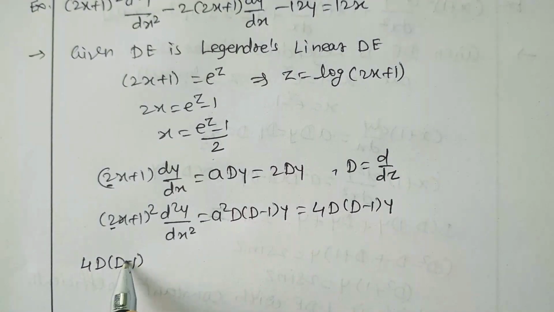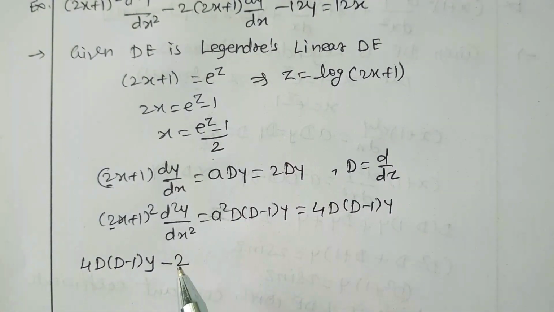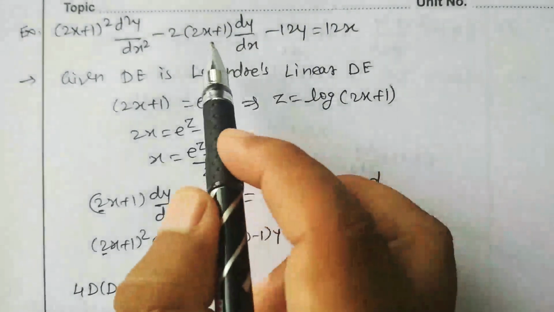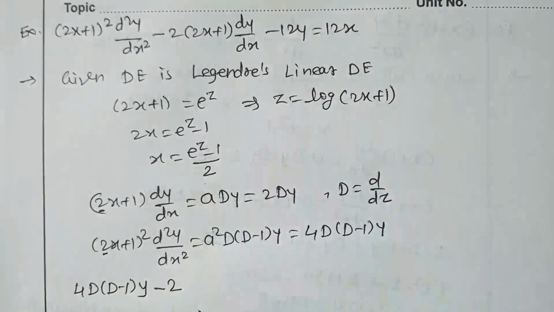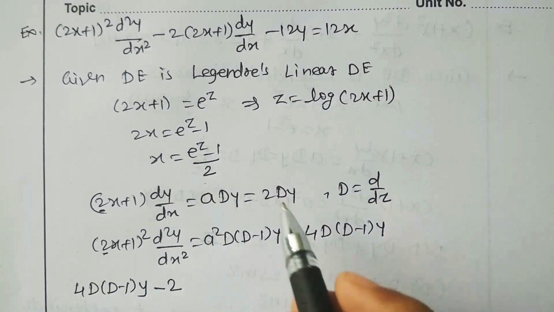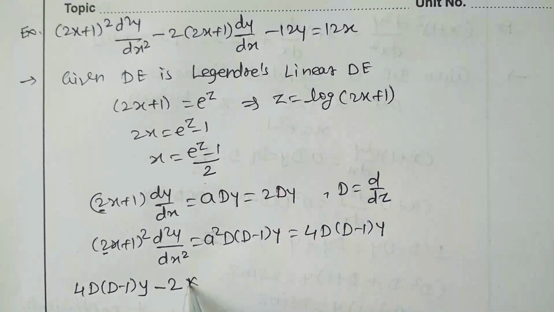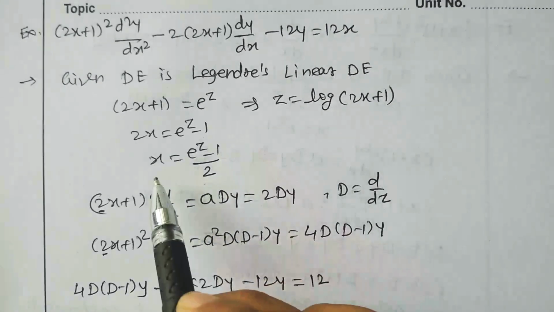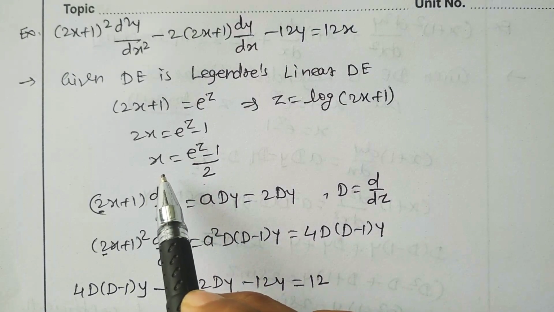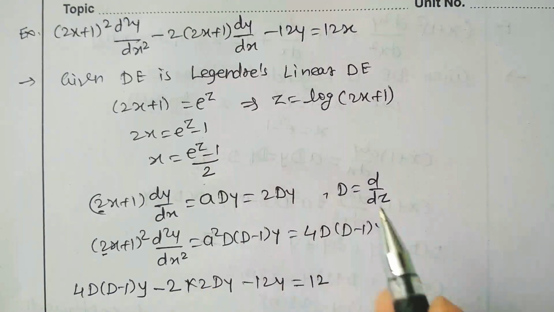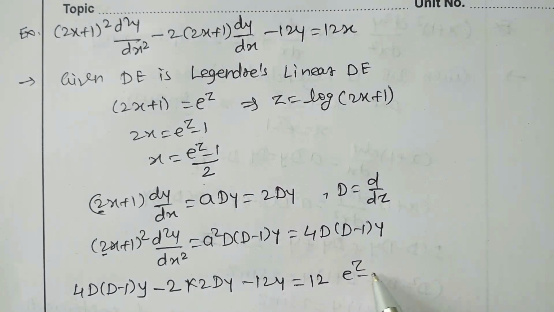4D(D−1)y − 2 times the value of (2x+1) dy/dx, it is 2Dy, − 12y = 12x. The value of x we already calculated here: x is (e^z − 1)/2.